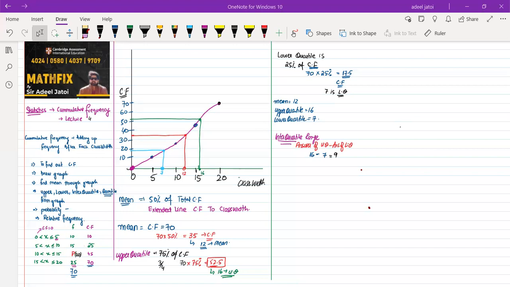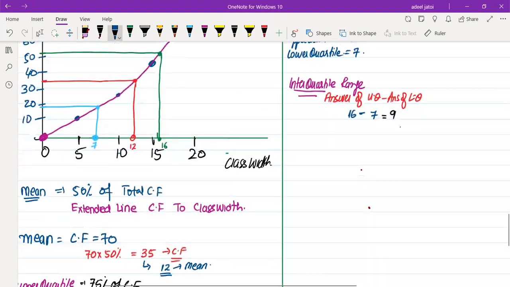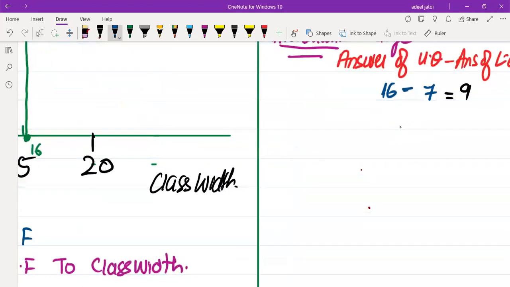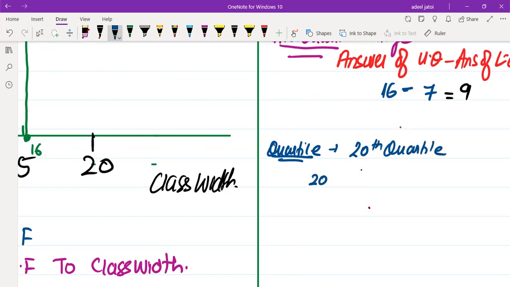So now you need to understand the quartile. The quartile is basically the percentage. Let's say the examiner tells you the 20th quartile. This means 20% of the cumulative frequency.